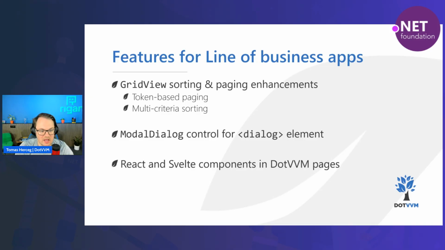But there is a bunch of React or Svelte components that can do the same. And we have added an option to host Svelte components in .vvm pages. So you can use a Svelte component in a .vvm page. The component can get objects from your view model, so you can very easily pass data to the component.